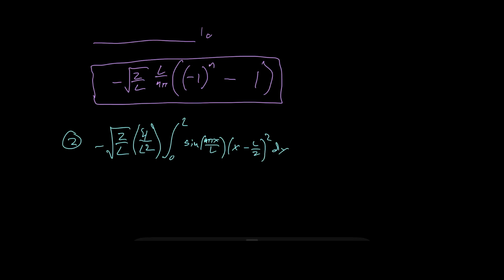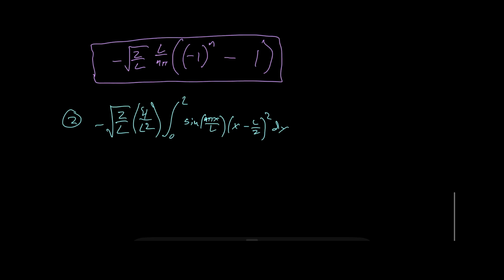Alright, so what do we do about this? Well, this one we have to do integration by parts, which everyone knows and loves. So just remember, for those who don't remember, uv minus integral v du, right? So our u is going to be x minus L over 2 squared, which is going to make our du what? 2 times x minus L over 2 times the derivative of the inside, which is just dx.